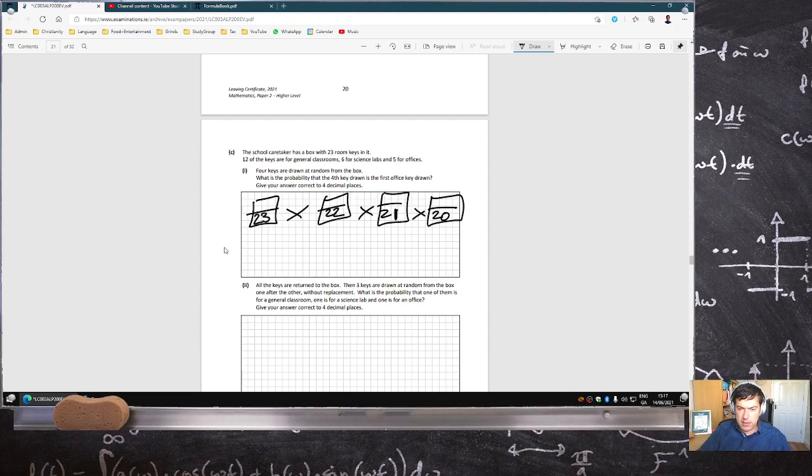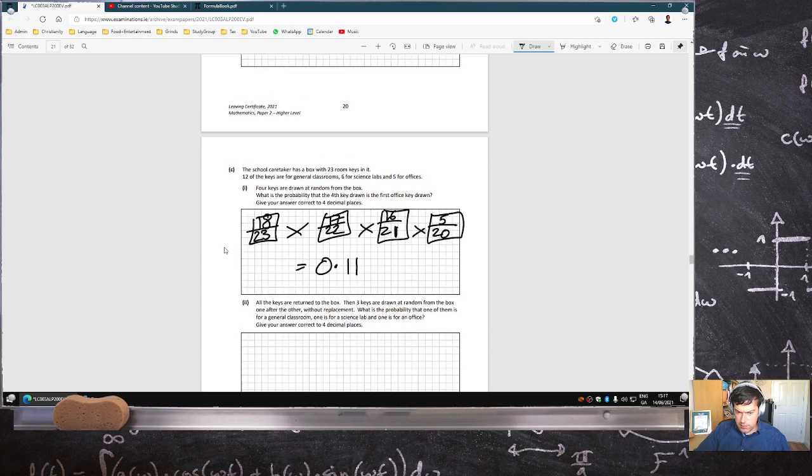So you want the fourth key to be the first office key. So not an office key, not an office key, not an office key, and an office key. Zero point 111152.